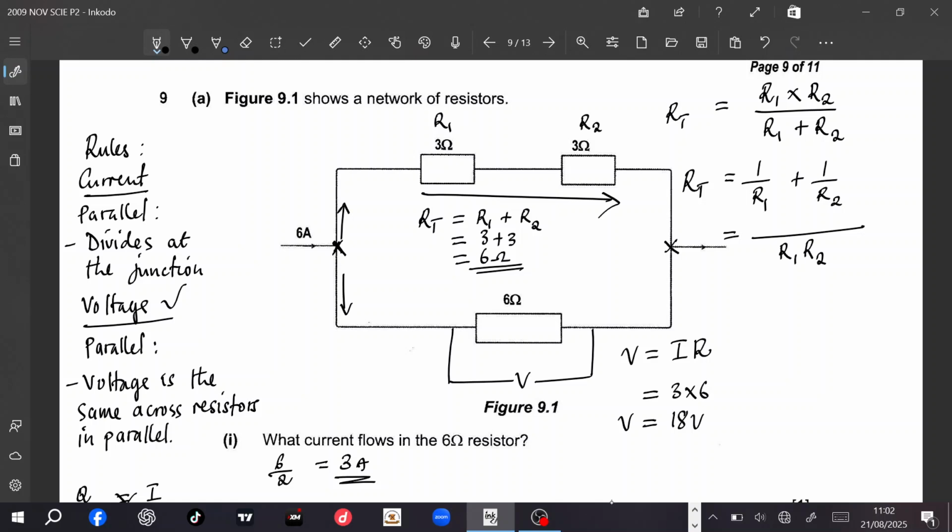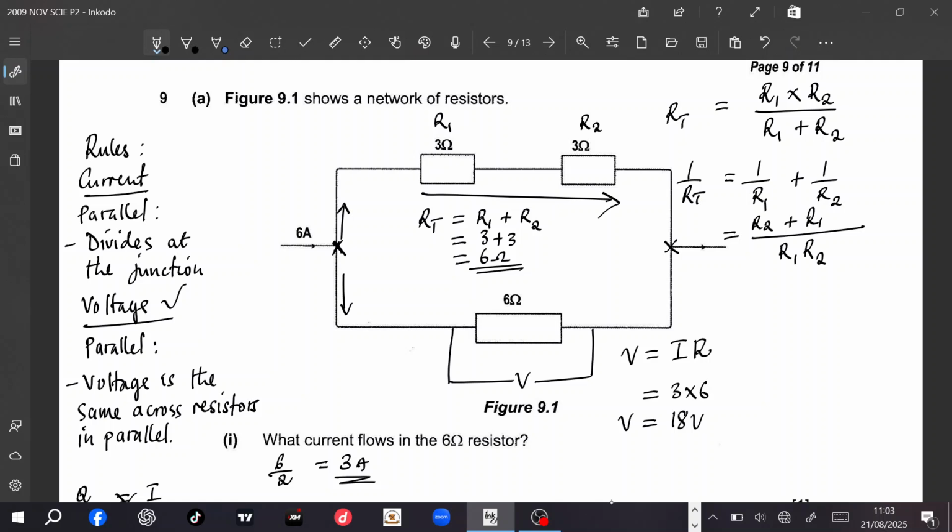We should be having something like this, 1 over RT. I'll see if I am correct or not. So we'll say R1 into R1, it will cancel, will remain with R2. R2 times 1, it will be R2, then plus R2 into R2, it will cancel, remain with R1 there.